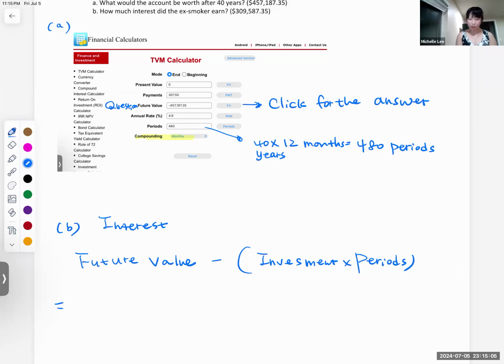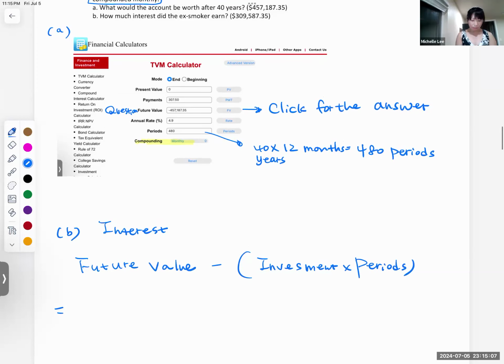So there will be the future value, which is 457,187.35, minus the investment, which is 307.50. Period is 480, right?